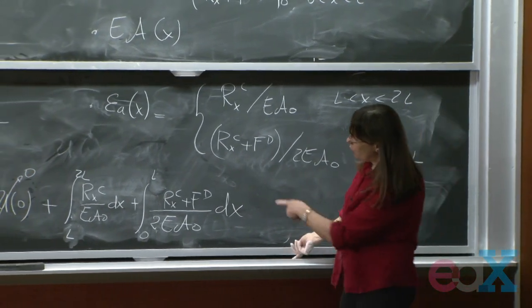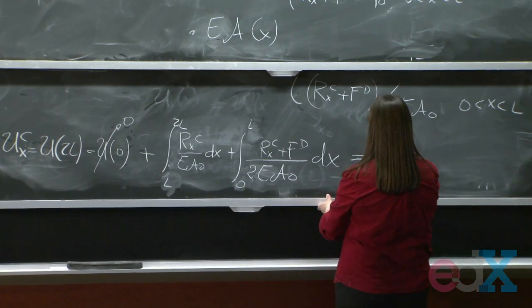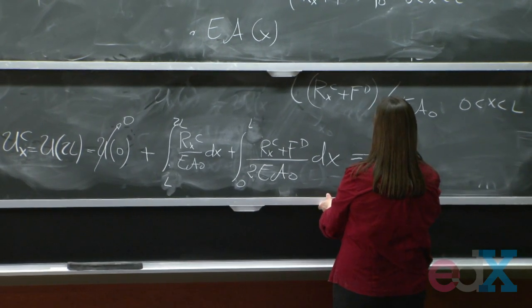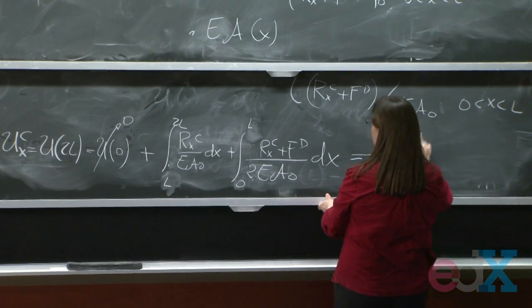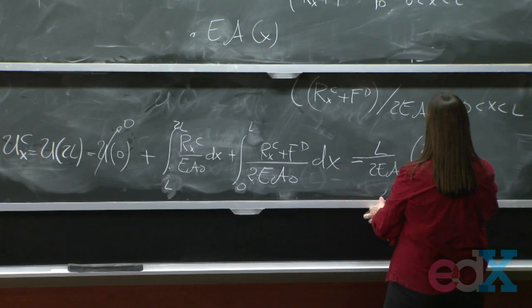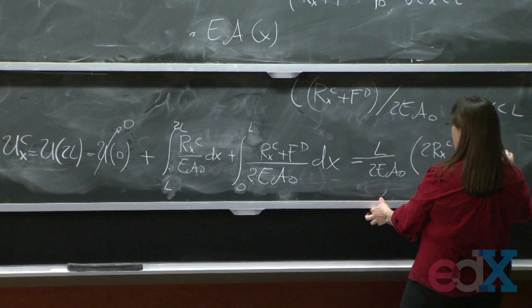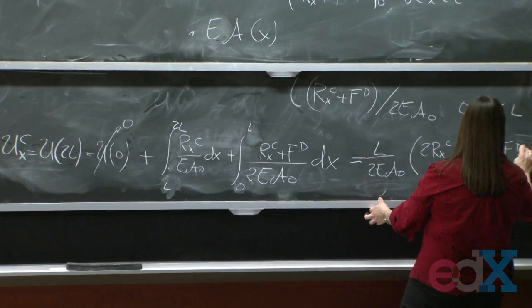And so when you calculate that, you're simply going to have L divided by 2EA0 that multiplies 2RXC plus RXC plus FD.